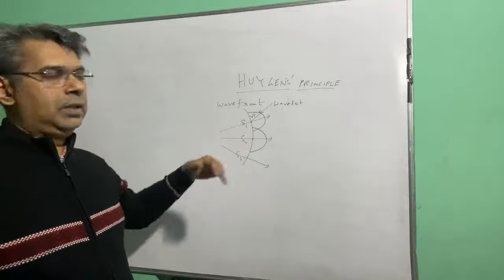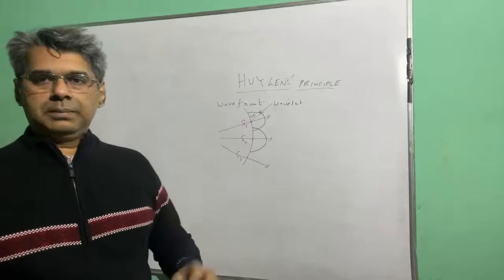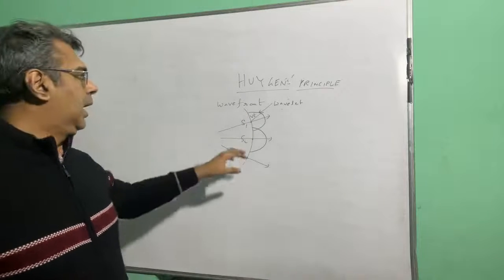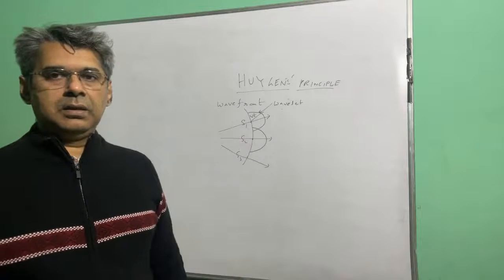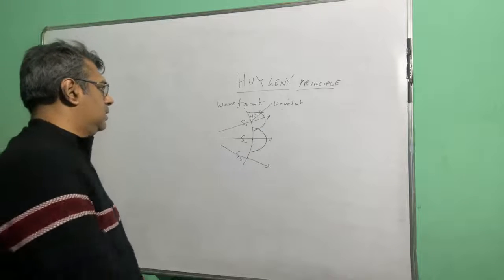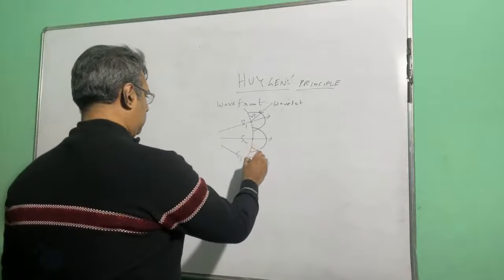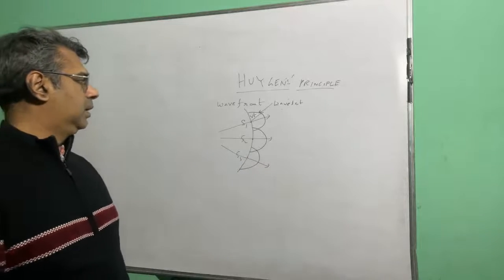So once again I'm saying, this is the position of the wavefront at a particular instant of time, and taking different points on this wavefront as center, if you draw these arcs, each of these arcs is called a wavelet.